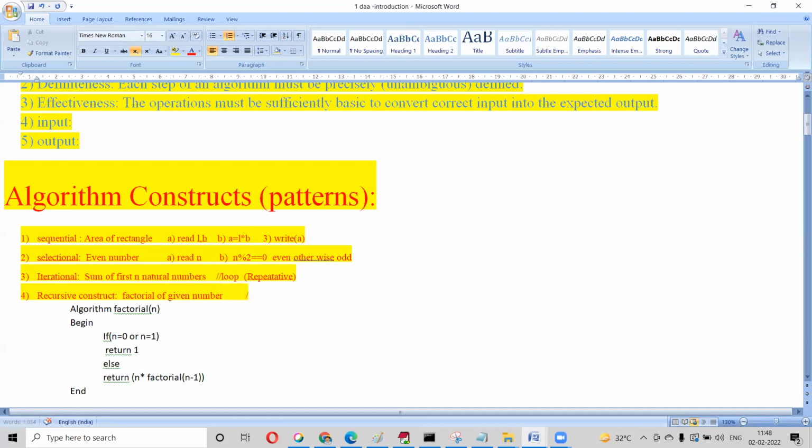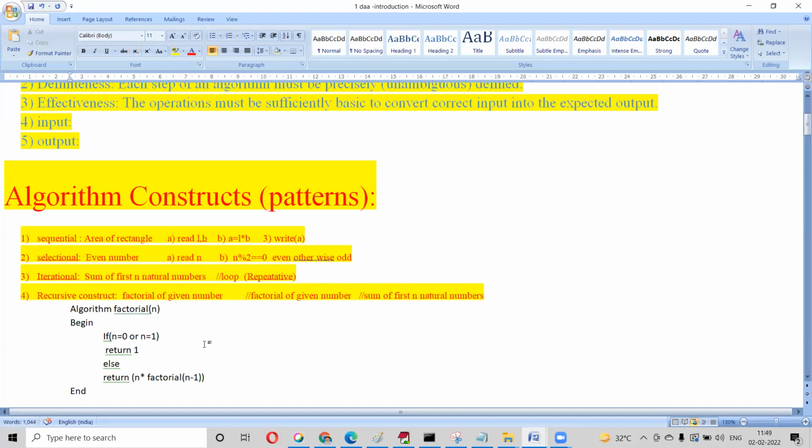Factorial of the given number, and the sum of the first n natural numbers using recursion. In these cases, we can go for recursive methods.